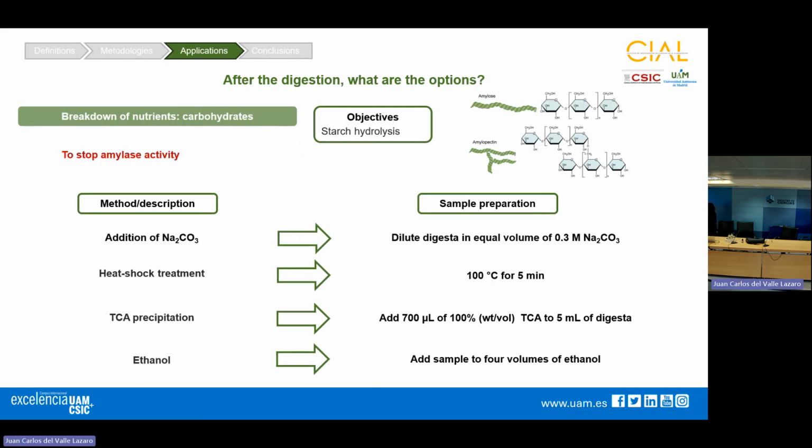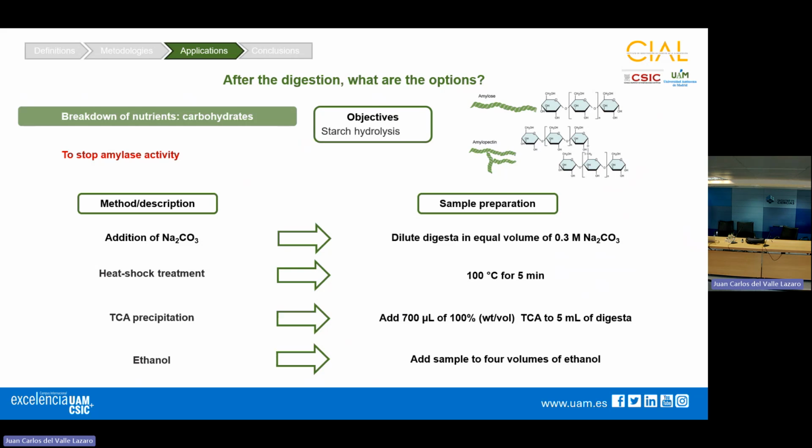What if you are looking at carbohydrate digestion? Then you might be interested in starch hydrolysis. So then you are going to be interested in stopping the activity of that enzyme that is going to digest your carbohydrates. In this case, amylase.